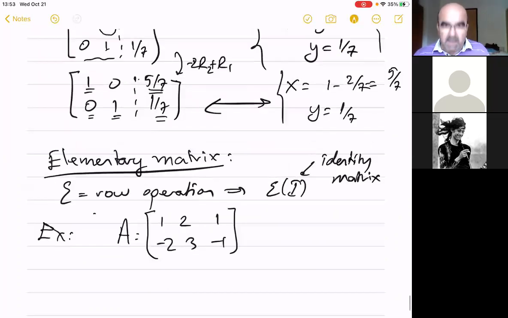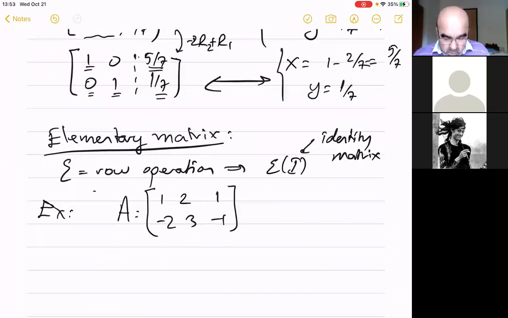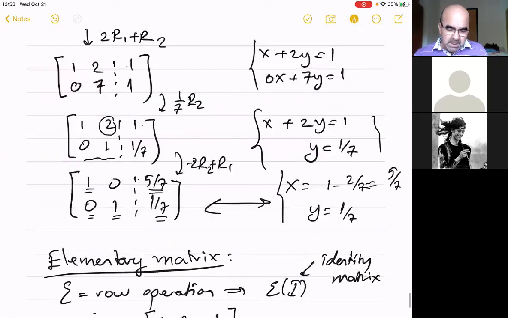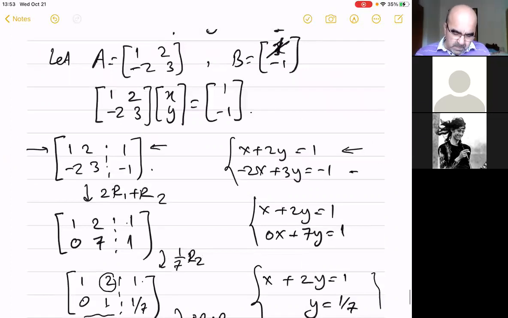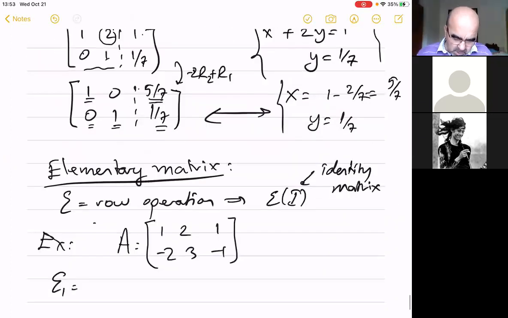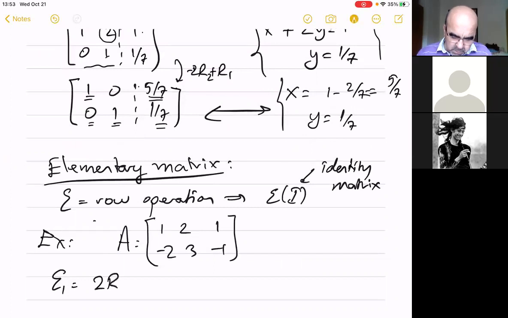Suppose we have this matrix. Then what did we have? Well, our first operation above was 2R1 plus R2.